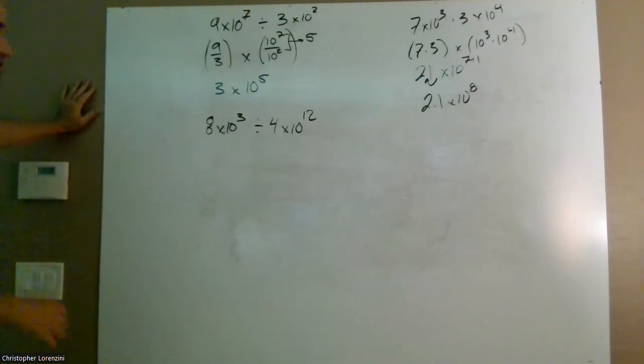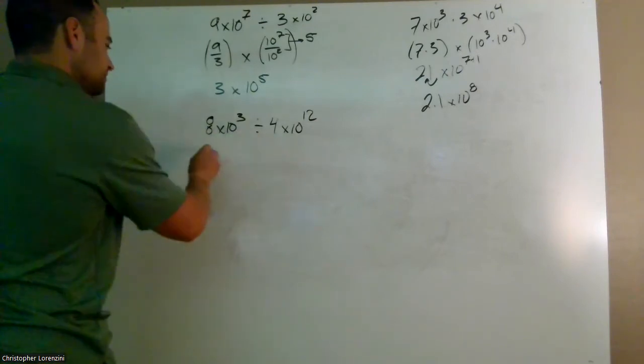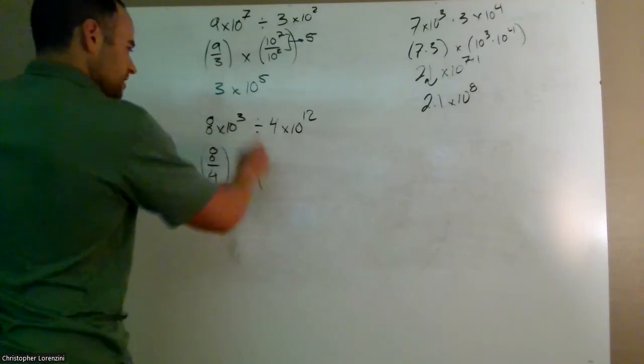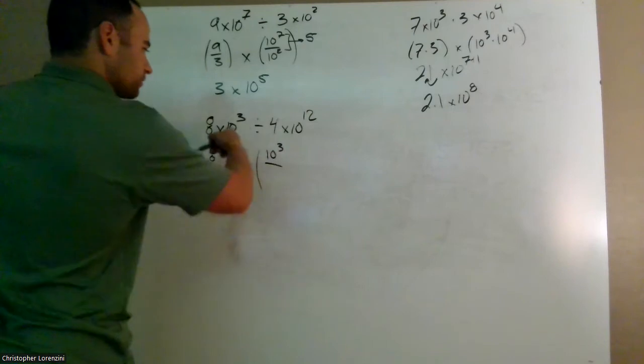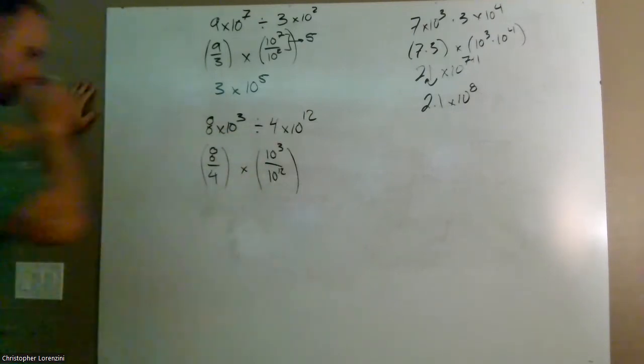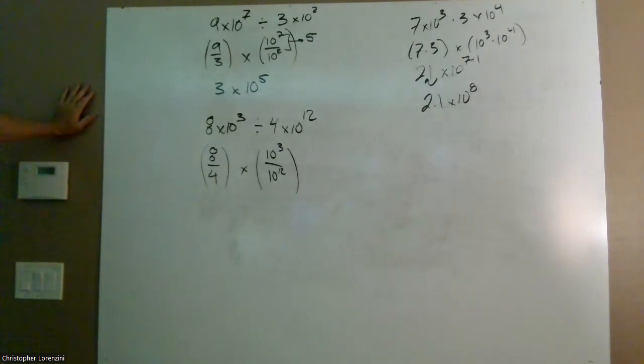We still follow the same process. 8 divided by 4, that goes out front. And then I'm going to take my 10 to the 3rd, and I'm going to divide it by 10 to the 12th.